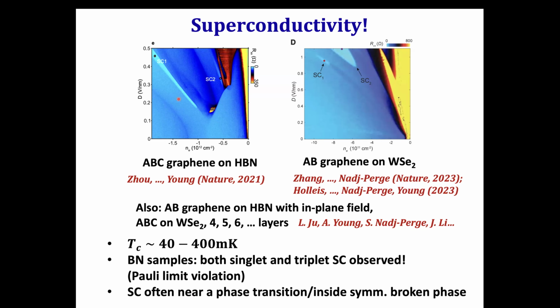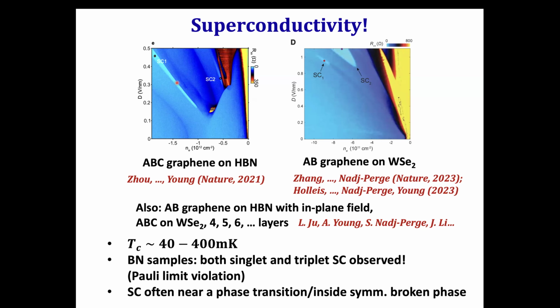It's a phase where you occupy all four of the flavors equally. This phase over here is a phase where you broke that symmetry and occupy only two of the four. And it looks like the superconductor is living right at the border between these two phases. It's actually on the symmetric side in this case. So the superconductor lives in the symmetry unbroken phase, but right on the border to the ordered phase.